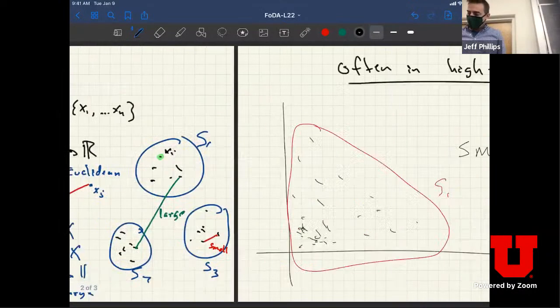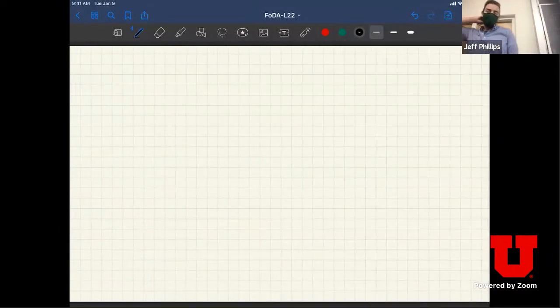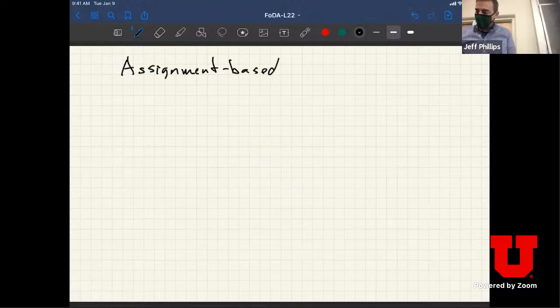Okay. All right, so the variants of clustering we're going to talk about are assignment-based clustering, okay?